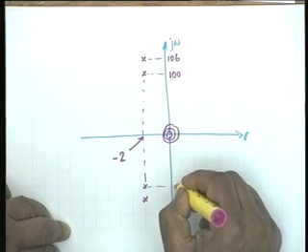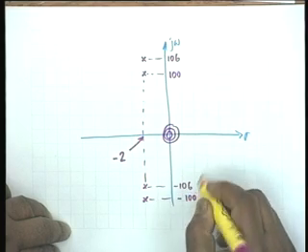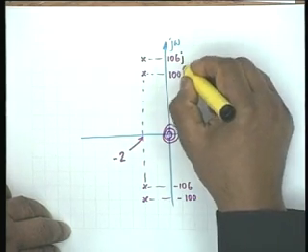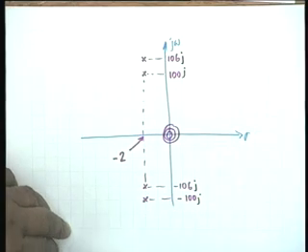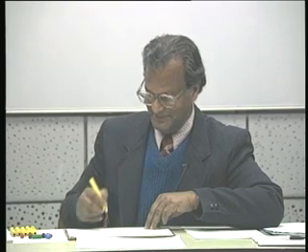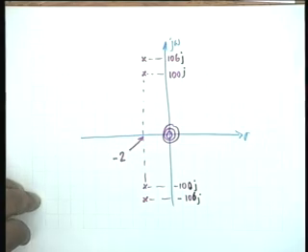This is minus 106, minus 100. Of course, they will have to be multiplied by j. Thank you. That's correct. 100 would be up and 106 would be down.